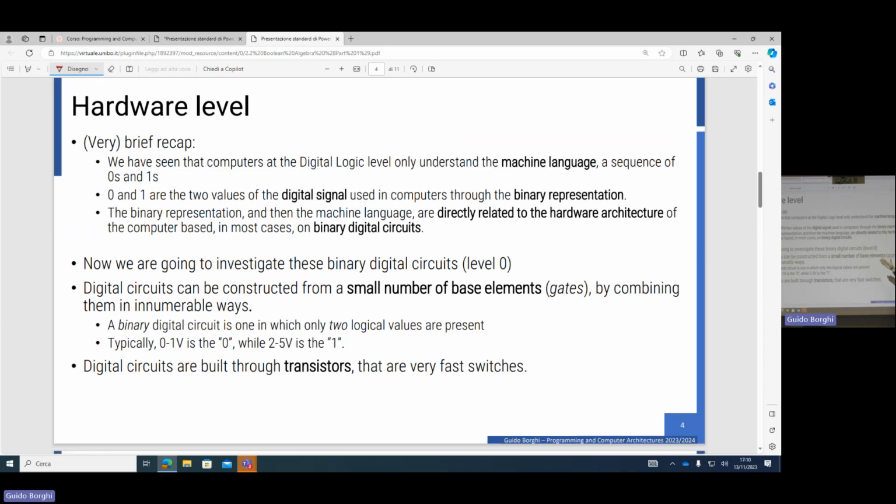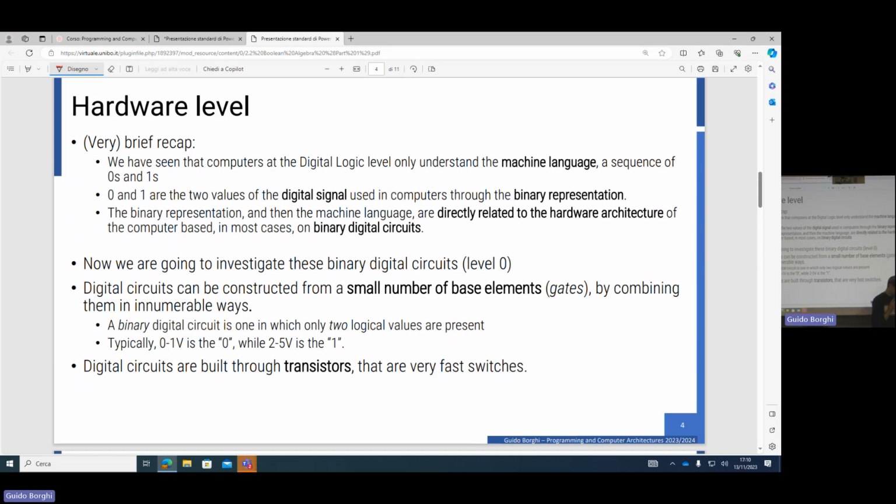Here you can see the recap of the previous slides. So we have the machine language, a sequence of 0 and 1. We want to use digital signals and then the binary representation, then digital circuits to use computers with the binary representation and also the binary information. So we are going to investigate how it's possible to create binary digital circuits that are located at level 0. Okay.